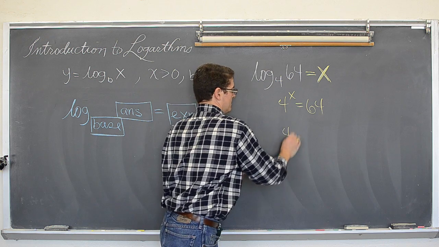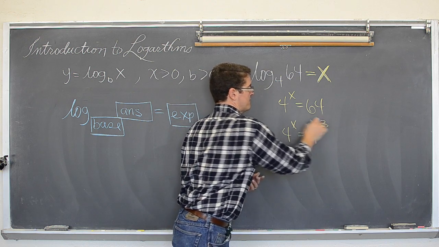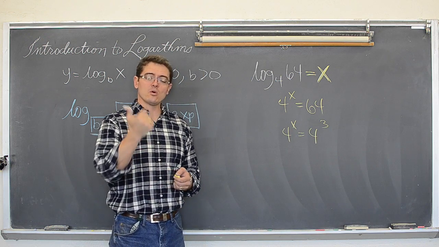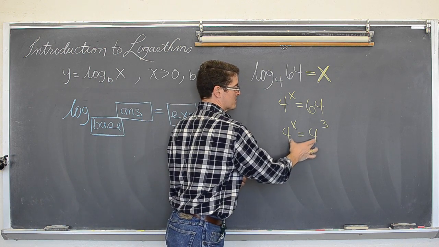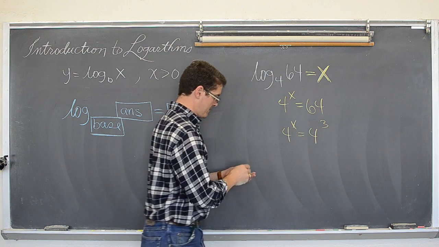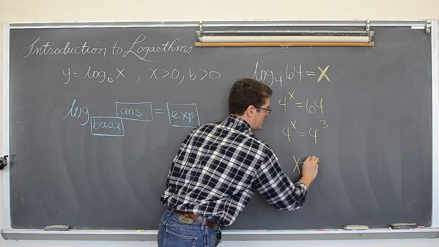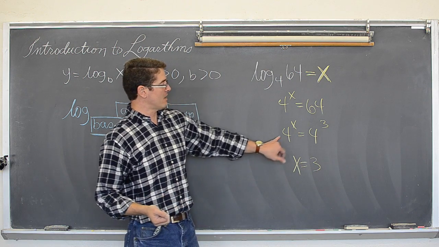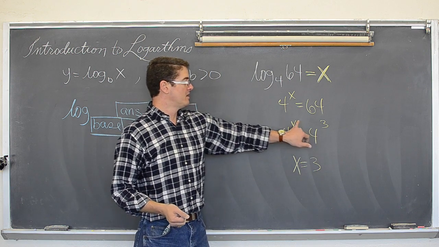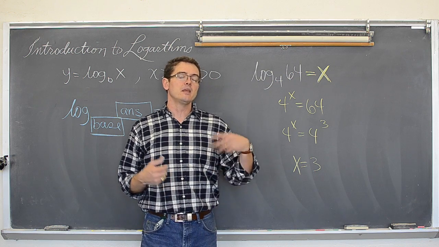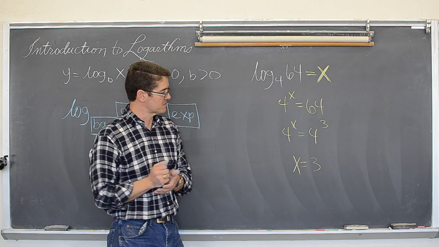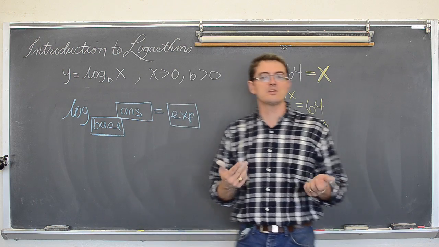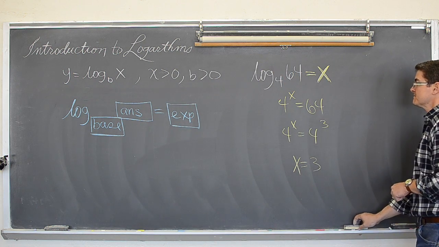I think that 4 to the third equals 64. 4 and 4 is 16, and another 4 is, yes, it is 64. So x does equal 3. You notice how I wrote it so that the bases were the same, so the exponents had to be the same? That's something you'll be doing a lot when you solve equations with logarithms, or solving equations that you don't need logarithms in.